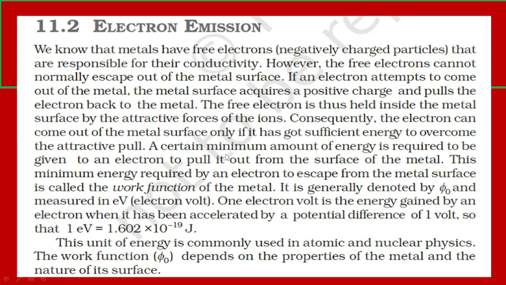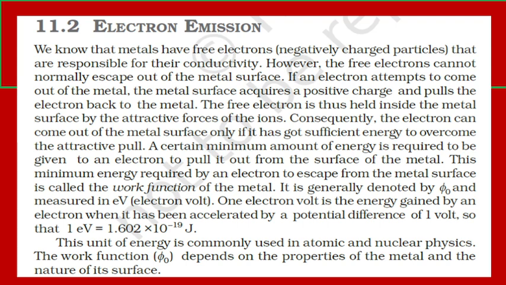So a certain minimum amount of energy is required to be given to an electron to pull it out from the surface of the metal. And this minimum energy required by an electron to escape from the metal surface is called the work function of the metal. So here comes the definition of work function.